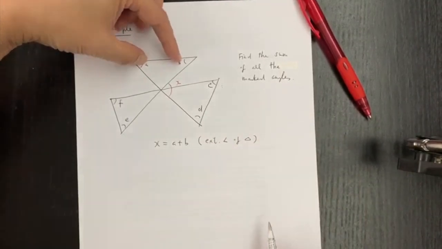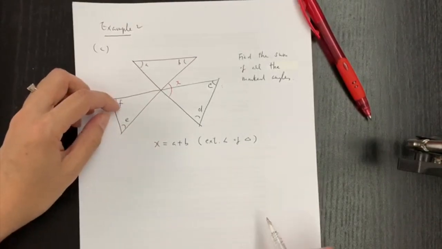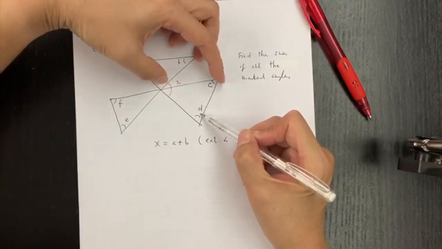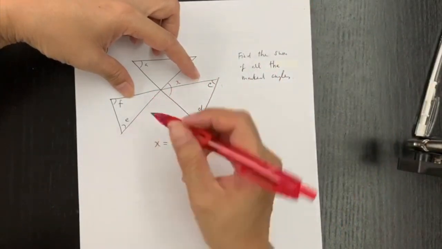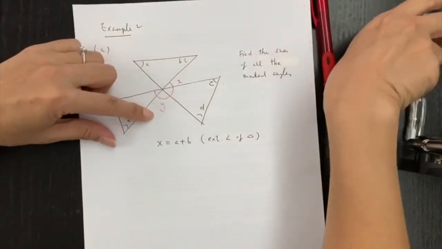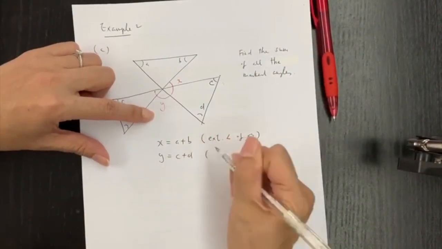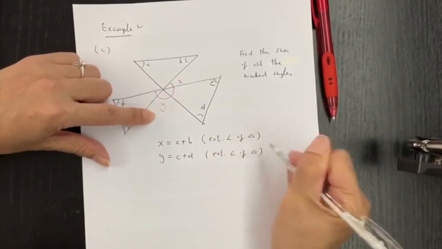Okay, so next thing, let me find the exterior angle about C and D here. So this is a triangle C and D, so that will be Y. You okay? So therefore, Y is equal to C plus D, and the reference is also exterior angle of triangle.